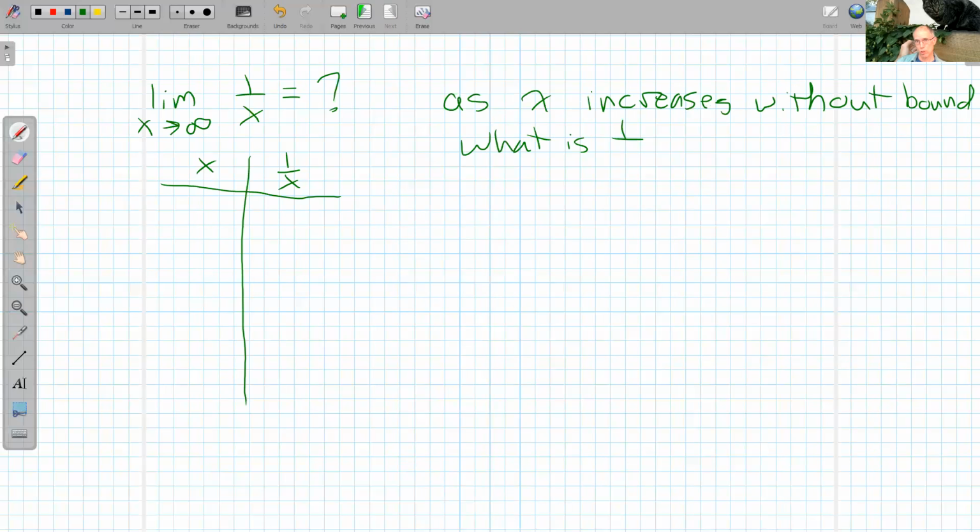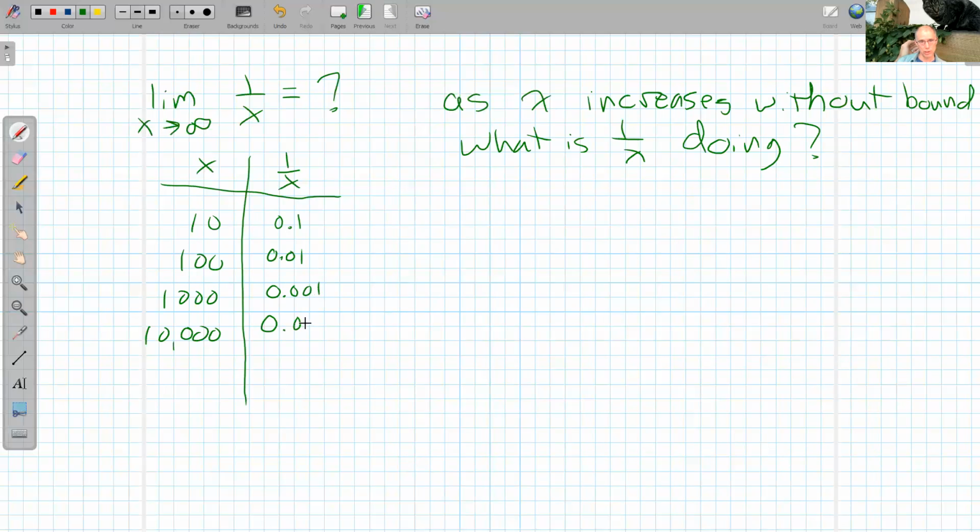What is 1 over X doing? So we could go 10, and 100, and 1,000, and 10,000, and so on. And when we flip those numbers, we get 1/10, and 1/100th, and 1/1,000th, and 1/10,000th.